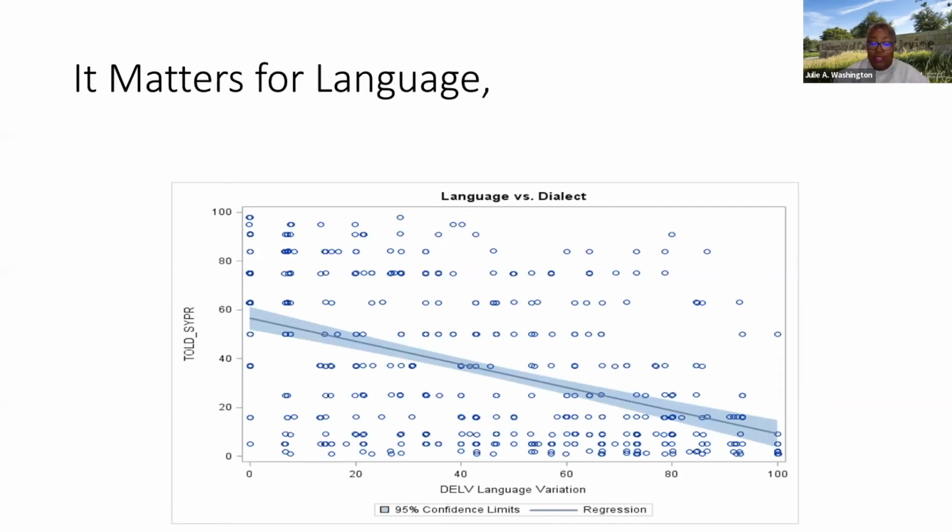And so what we see is that the higher your density, the more you move toward 100 on this scale, the lower your scores are. There are fewer kids who are scoring in these high ranges on syntactic processing. Whereas if you look at the kids who speak less dialect, there are a lot more of them who are doing better with sentence comprehension.